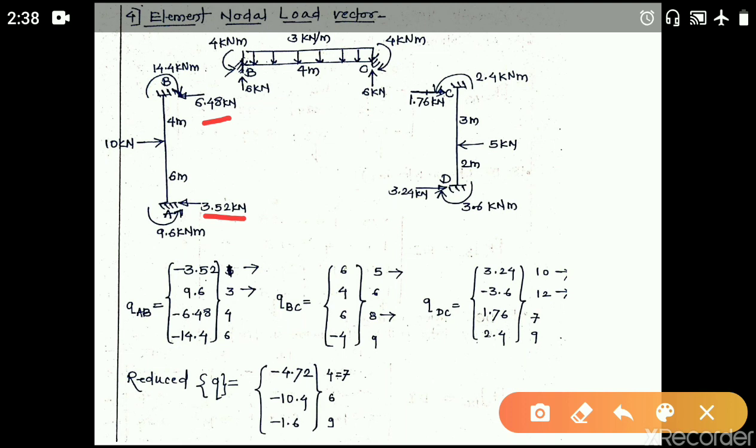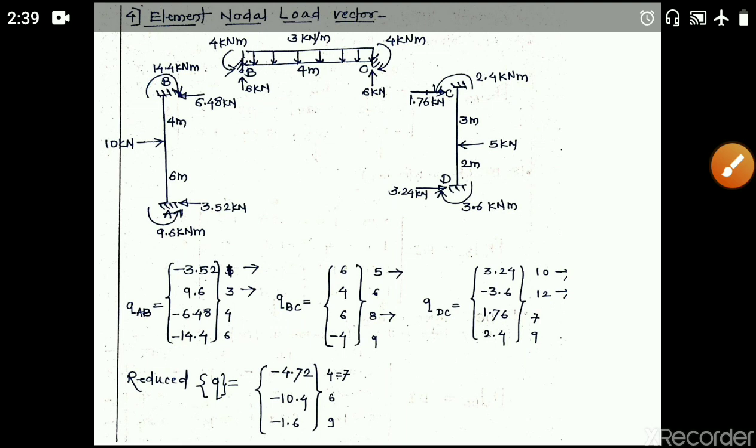Similarly for member BC, show the loading, that is 3 kilonewton per meter over a 4 meter span, and then calculate these fixed moments, 4 and 4, anti-clockwise and clockwise at B and C, and after that calculate these reactions. Do the same for member CD: show the supports as fixed supports and calculate these fixed moments and reactions.